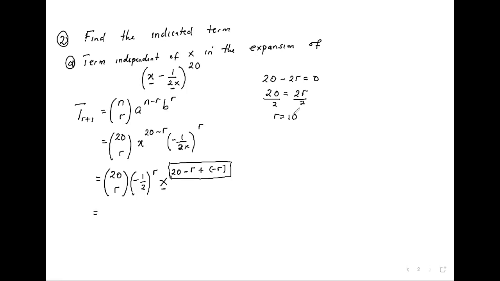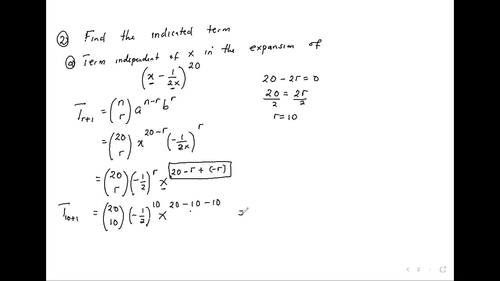Then you come back here and say, oh, so it means the term is the 10 plus 1, 20C10, and then negative half to the power 10, and the x to the power 20 minus 10 minus 10.